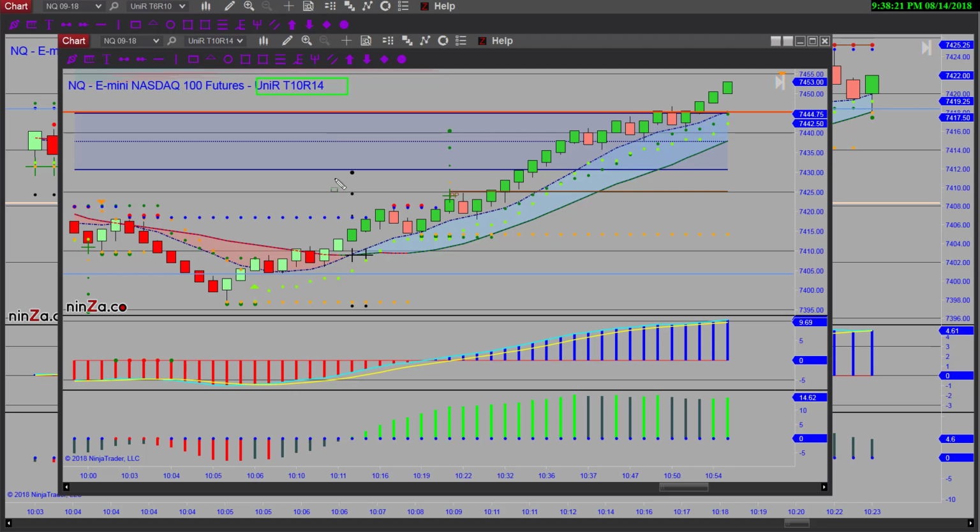I use a combination thereof, but I need to make sure that I give the stock or the future enough room to wiggle. Now the problem that we've got is that over here when we had this signal, the stop risk was 42 ticks away.